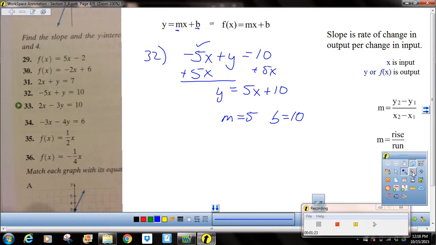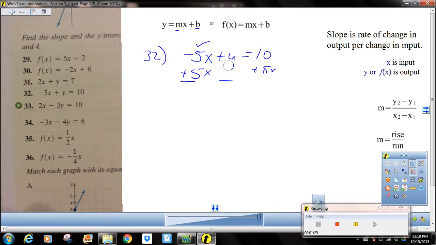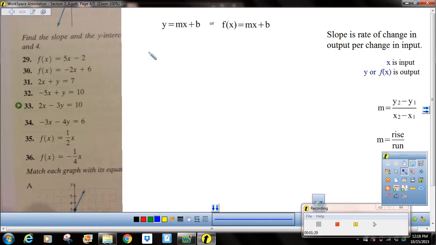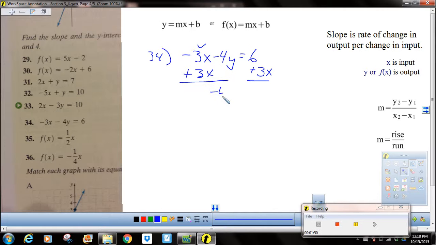Number 34 is the same way. It's not in slope-intercept form yet. So I'm going to solve for y. This is on the wrong side. I'm going to add 3x to both sides to get rid of the negative 3x and to isolate my y term. We'll write the x term first.